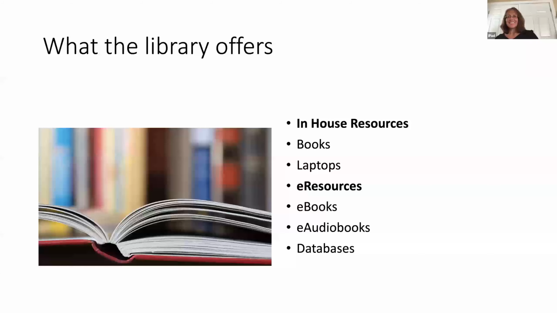Next slide, please. So there's two areas. There's in-house resources, which include books, and we also have laptops, most especially the MacBook Pro, which has a full Adobe suite, including Photoshop, as well as the Premiere that Stephanie had mentioned. That is something you would have to use in the library. Right now, it's not something we could lend, but it would be good to use in the future.